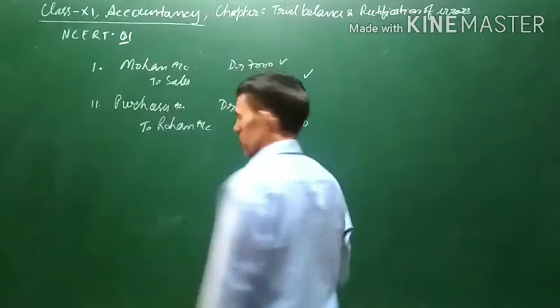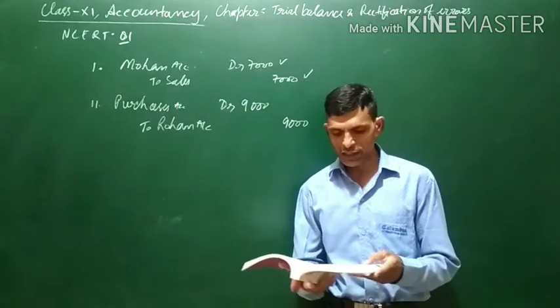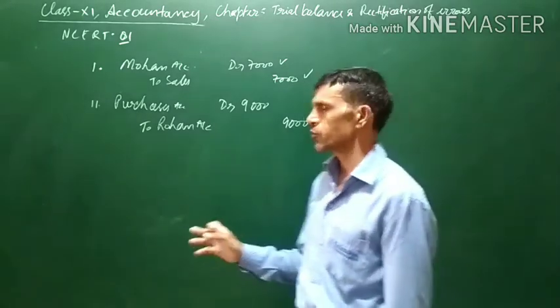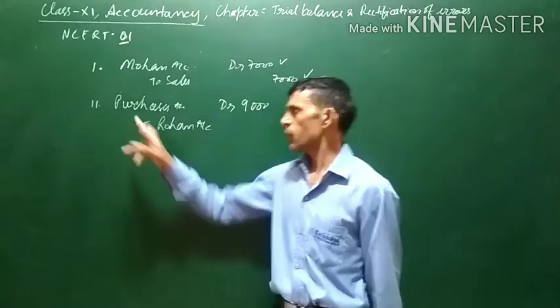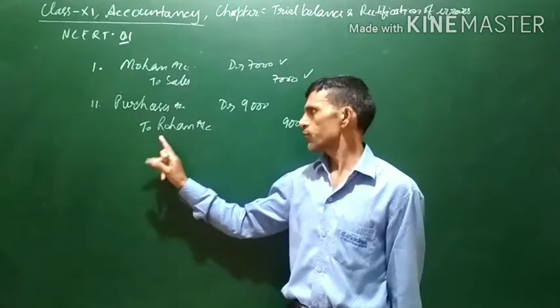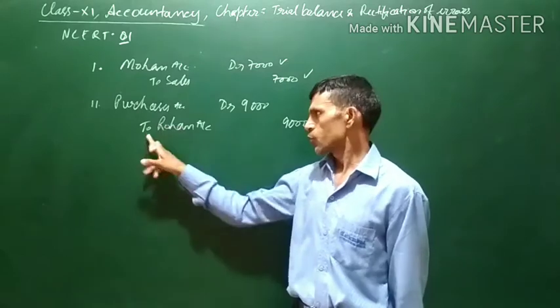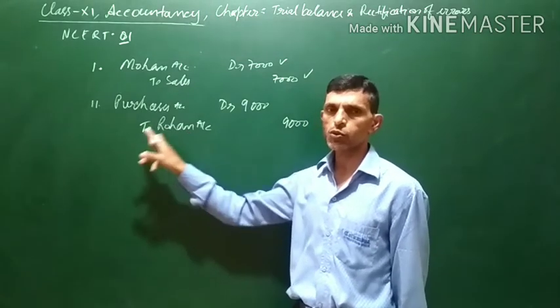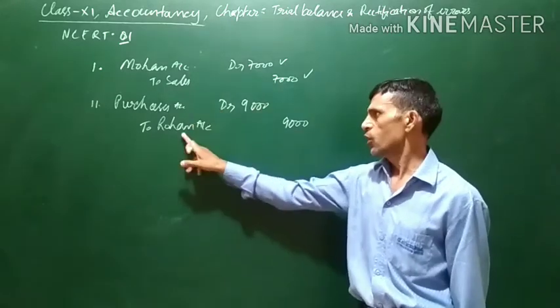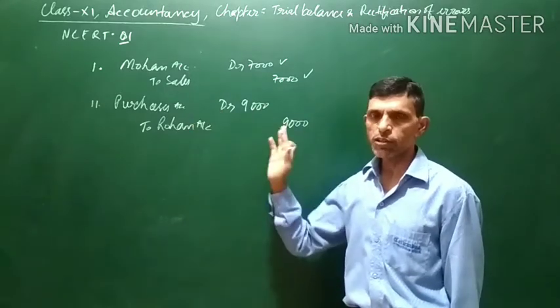Here also, same thing. The second part is that credit purchase from Rohan was not recorded. If you purchase goods on credit, the entry will be purchase account debit to the creditor's account. From Rohan we have purchased, so Rohan account will be credited with rupees 9,000. Purchase account debit 9,000 to Rohan account 9,000. This will be the general entry.